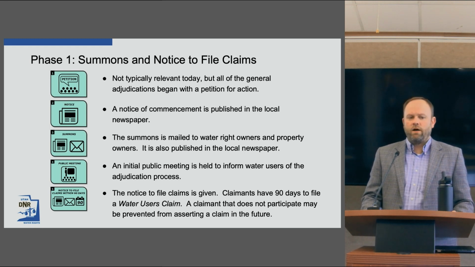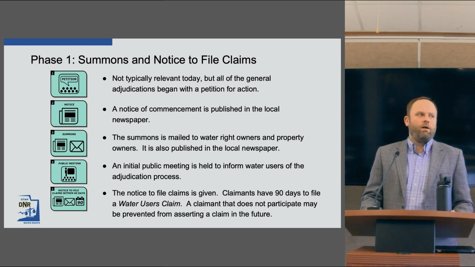So moving on to step two, what we do is we break down those large areas that you saw. Those adjudications are very, very big areas, and so we break those down into smaller areas, and then we start those one subdivision at a time, beginning with what's called the notice of commencement. That gets published in the local paper for 2 weeks. Right about the same time, we also send out a summons.